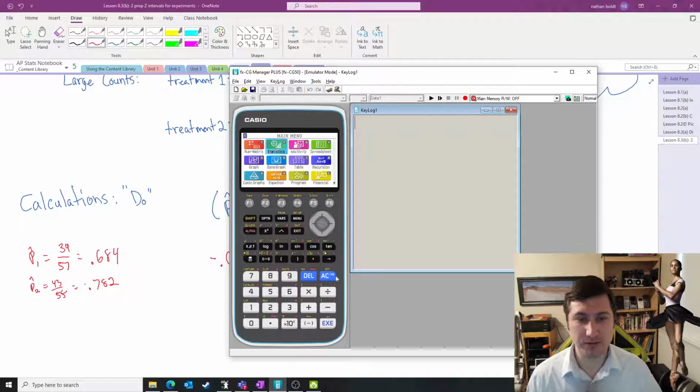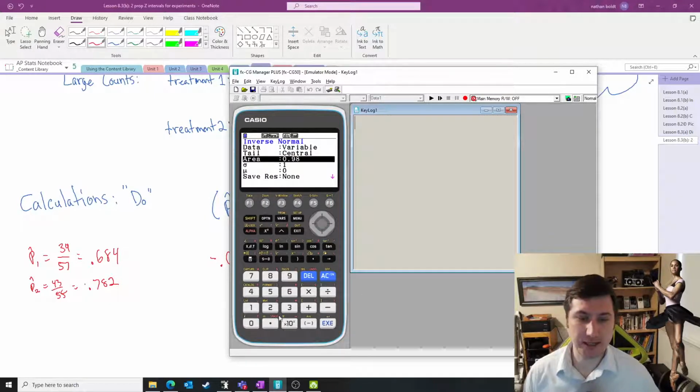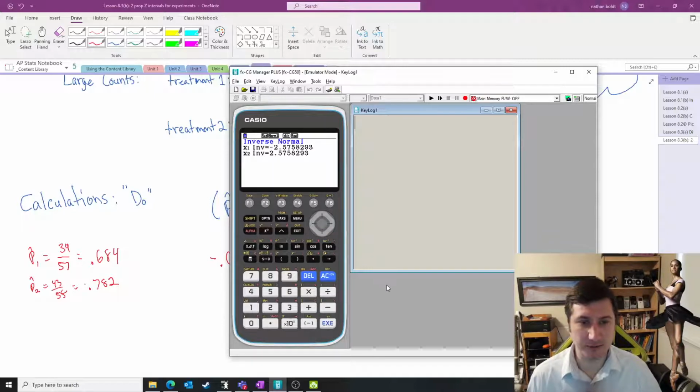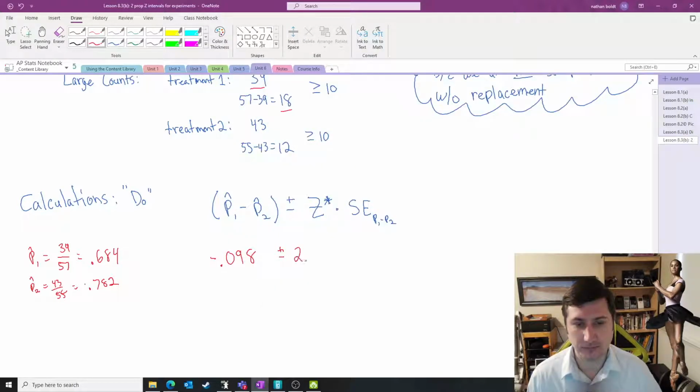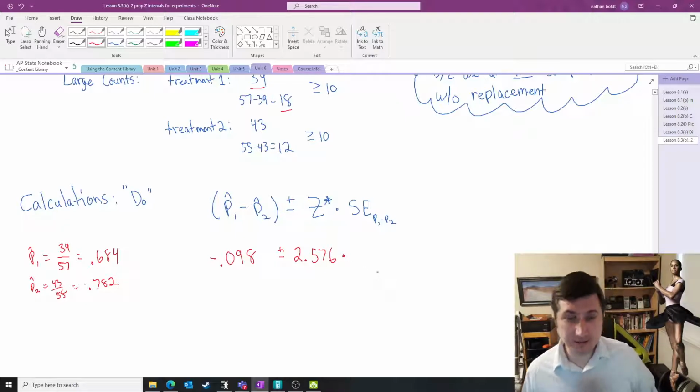So we go menu, statistics. This is going to be an inverse norm. I'm going to take the easy way out and do 0.99 as a central. Standard deviation is 1, mean is 0. So we get positive or negative 2.576 times the standard error.